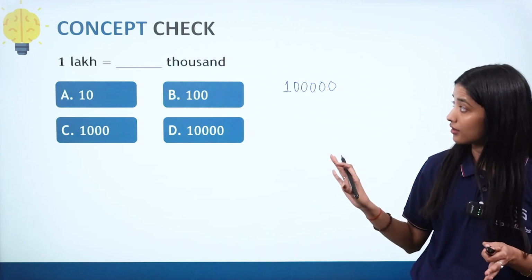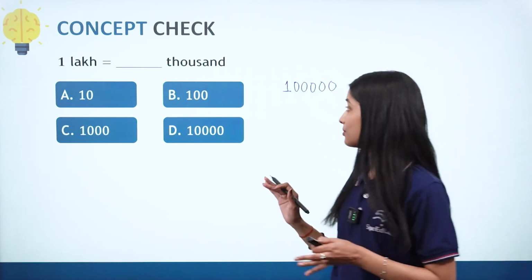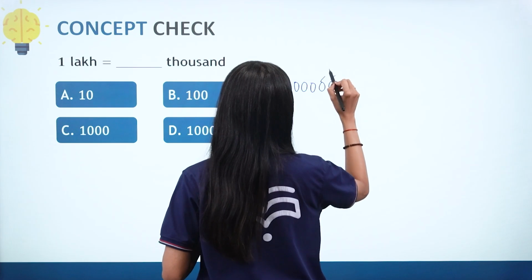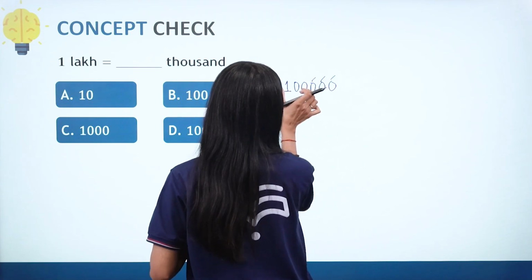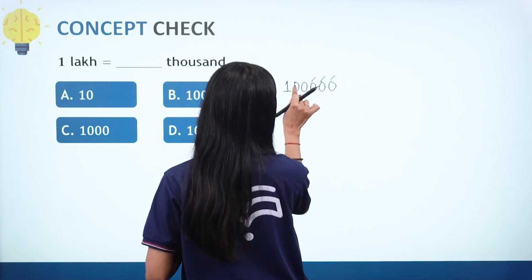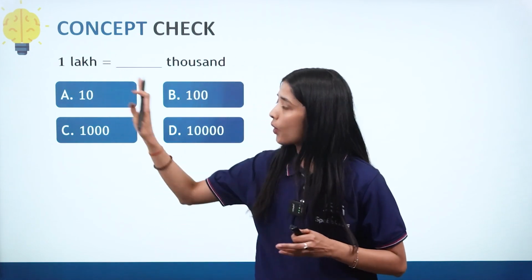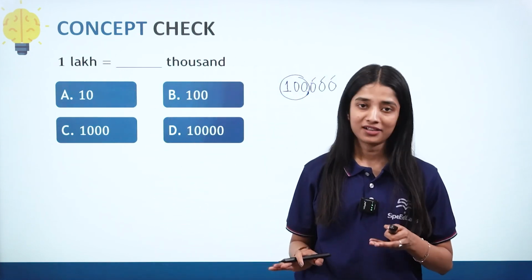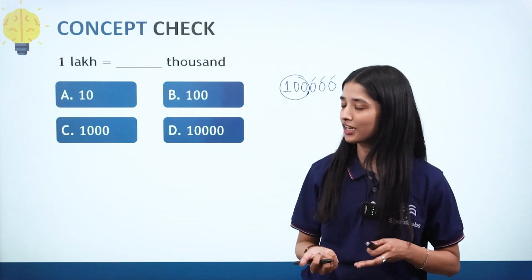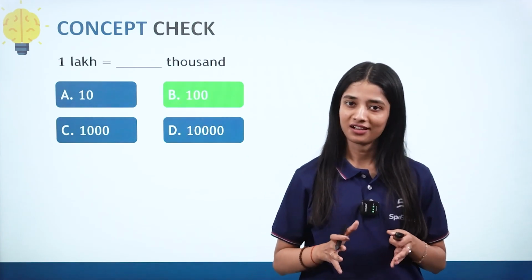But in the international system, this is ones, tens, hundreds, and this is 1,000, 10,000 and 100,000. It means in the international system, 1 lakh is equal to 100,000. So option B is the correct answer.